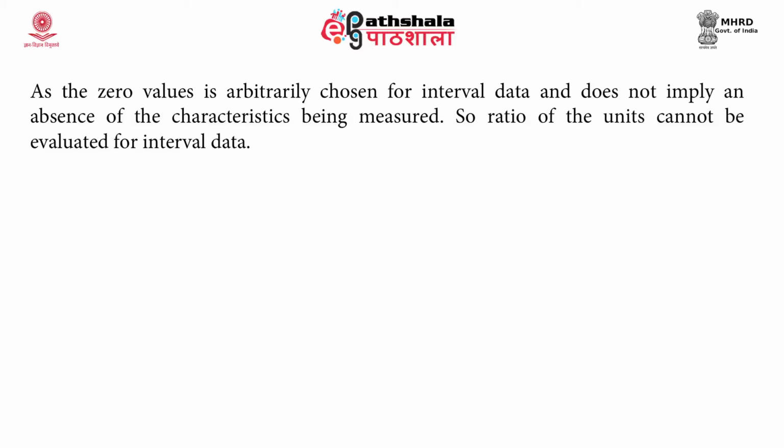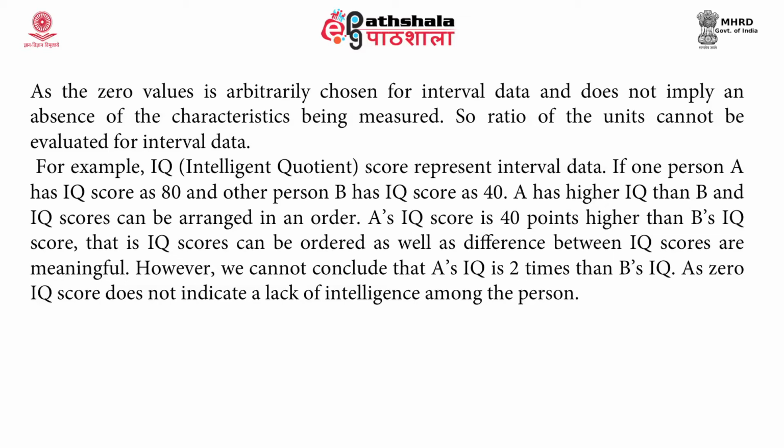For example, IQ, that is intelligent quotient score, represent interval data. If one person A has IQ score as 80 and other person B has IQ score as 40, A has higher IQ than B and IQ score can be arranged in an order.